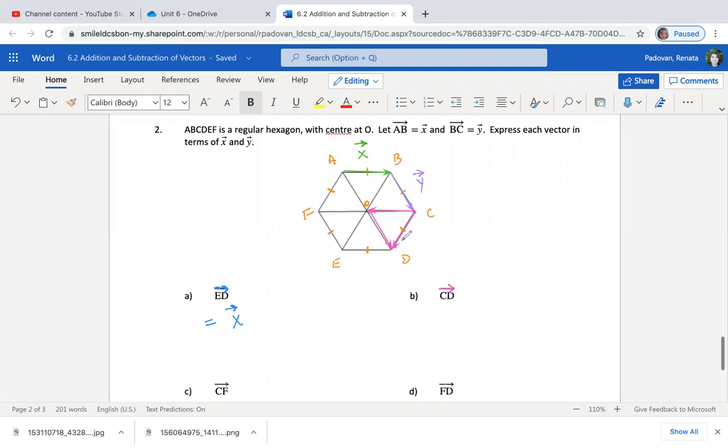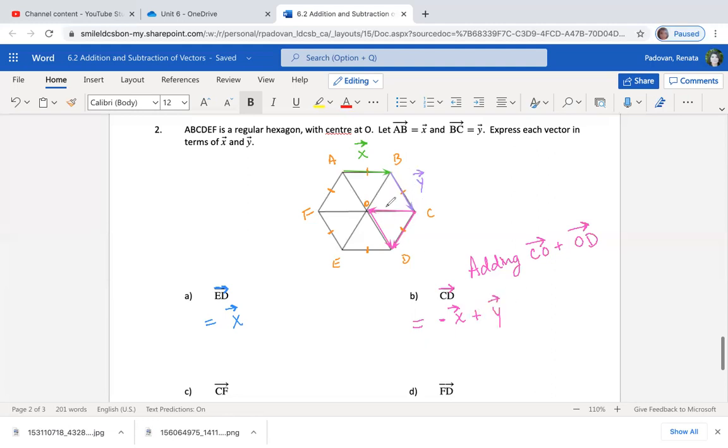So now if I look at that, the resultant vector is adding this vector and adding this vector. So if I'm adding vector C to O to D, again, watch the direction, that's going to be equal to, but now I need to refer to it in terms of X and Y. So CO, if you notice, is the opposite of X. So that would just be the negative X vector, the opposite of vector X. And I'm going to add that to, well, that's exactly vector Y. So let's take a look at this again.